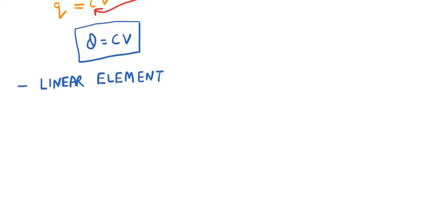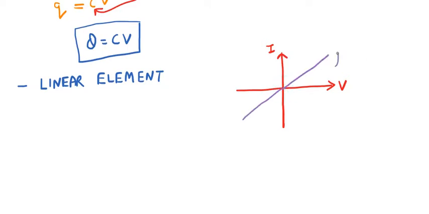That is, the variation of terminal voltage and terminal current is linear either in time domain or s domain or in both.